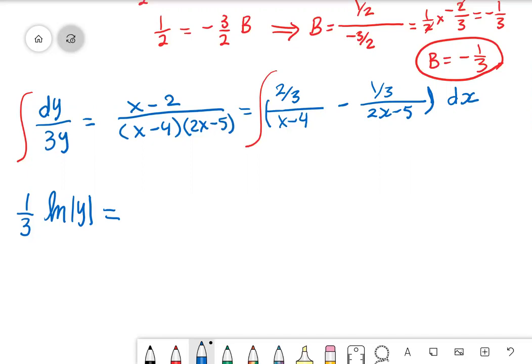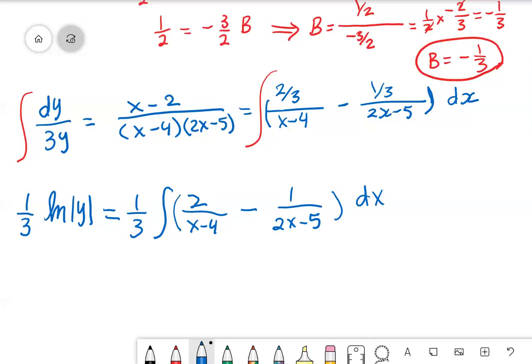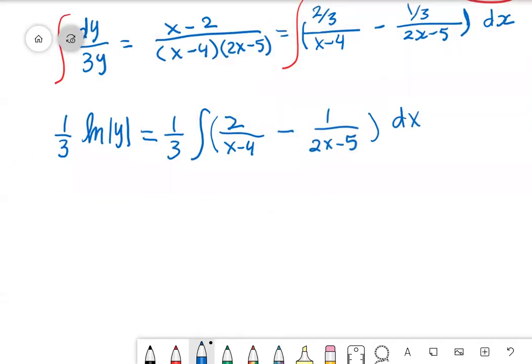So I'll take the 1/3 outside, leaving the integration of 2 over x minus 4 minus 1 over 2x minus 5 dx. Are you okay up to here? Hope so.